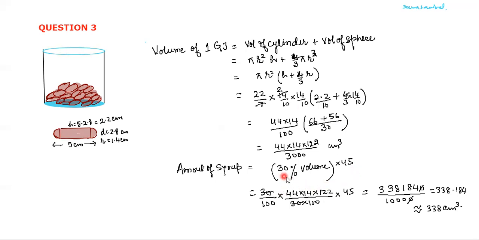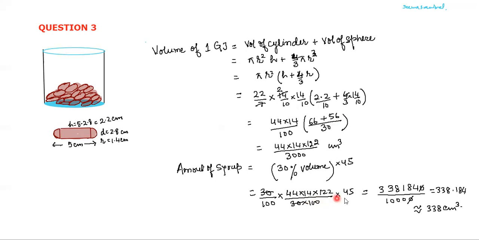So children, 30% of the volume, 30% remove percent, put 100. Volume you have calculated this, so just put this value, multiply it by 45. Now children, this 30 and this 3000, I have split it 3000 into 30 into 100, 30 and 30 will get cancelled.